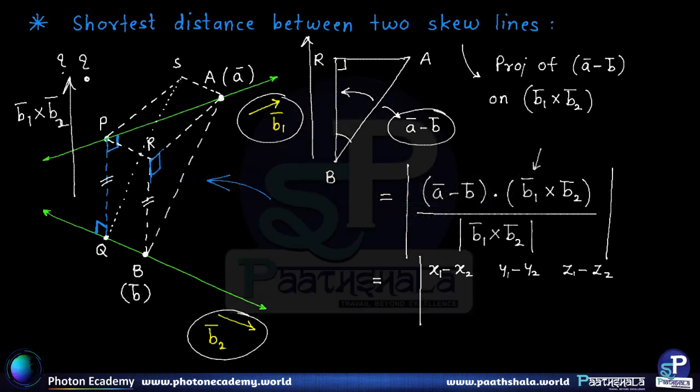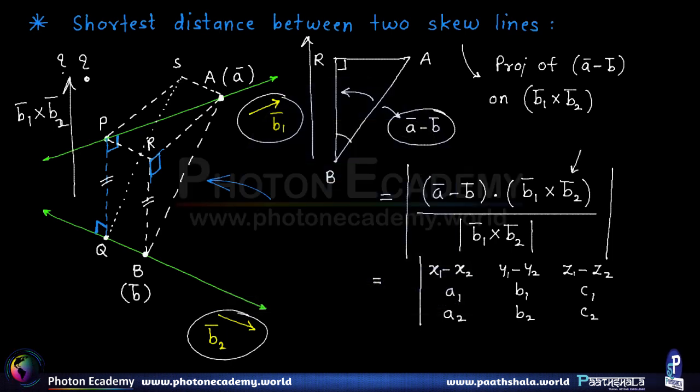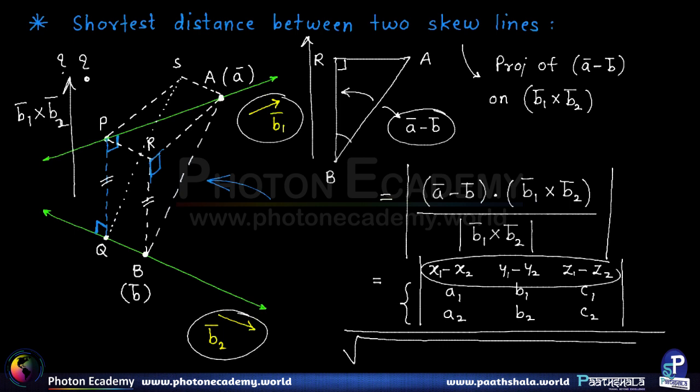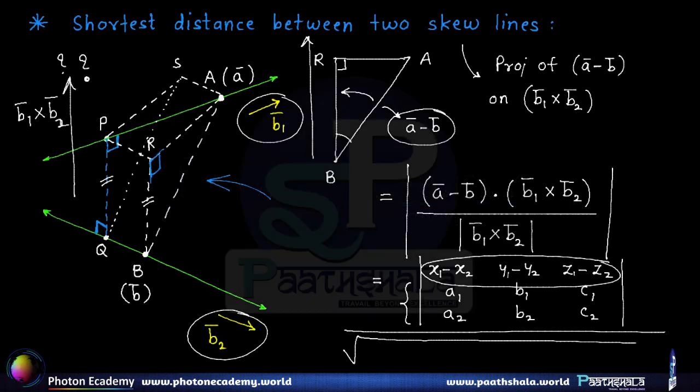The second row comprises the direction ratios of b1 bar, so let us call them a1, b1, c1. And the third row is nothing but the direction ratios a2, b2, c2 of the second vector, that is b2 bar. And divided by the magnitude of the cross product, you see that in the cross product the second and third rows will remain the same. It's just that the first row will be i cap, j cap and k cap.